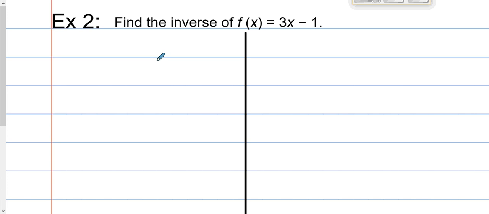All right, so now let's go to example 2. Find the inverse of f of x equals 3x minus 1. Well, finding the inverse, there's several steps that we're going to go through here.